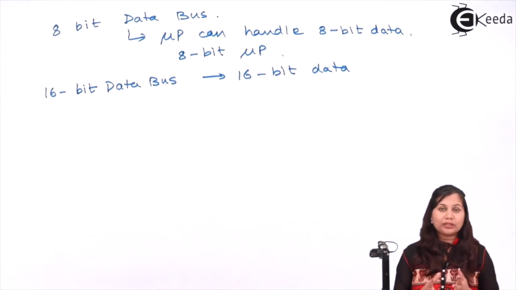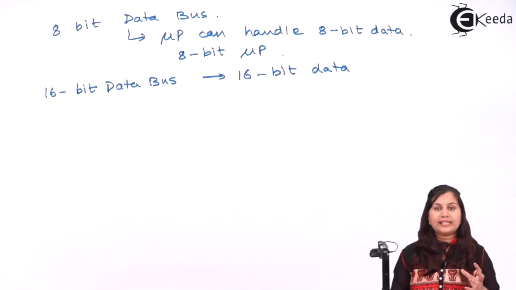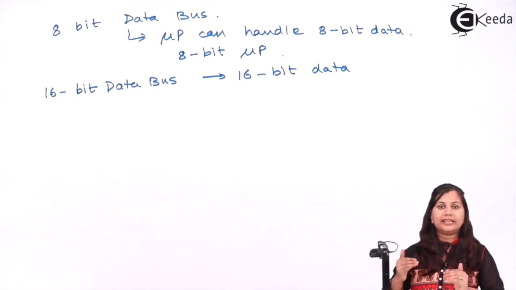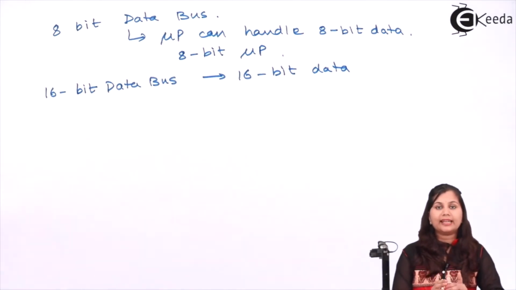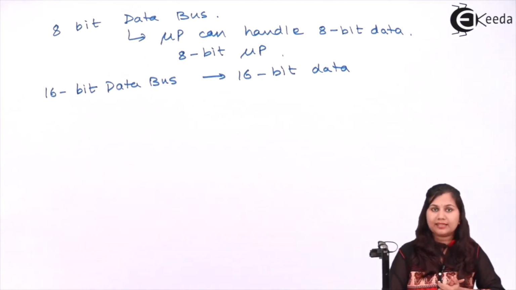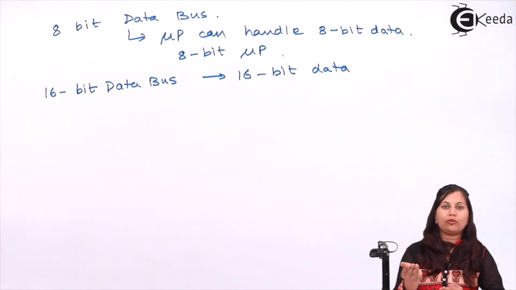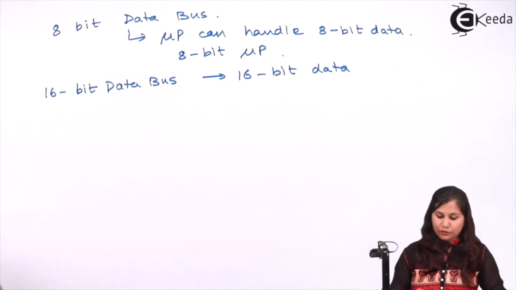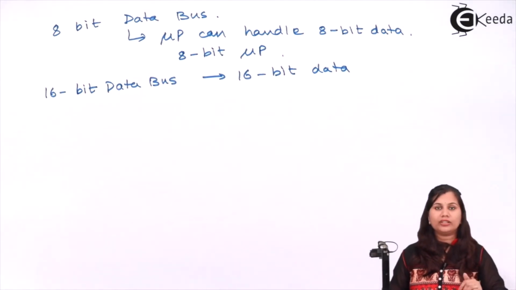Now, how does the microprocessor work? It gets input from the input devices, performs operations in the arithmetic and logical unit, and produces results. Intermediate results are stored in the register array, the control unit provides the controlling and timing signals, and the result is displayed on the output devices.